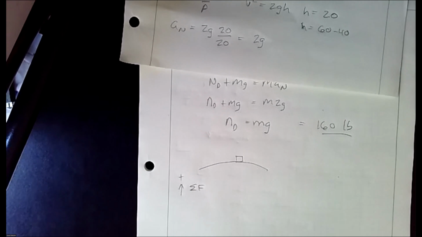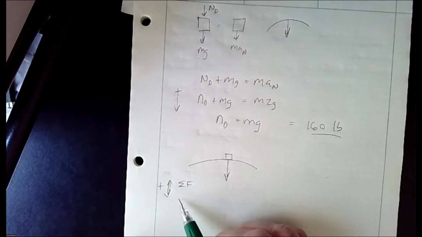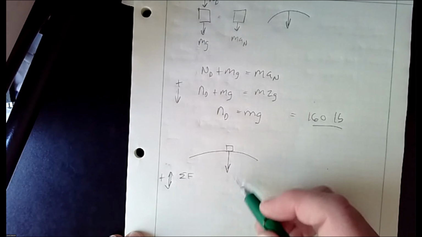In the past we said up was positive, but we're going to switch that. The reason is that if we make down positive, then our acceleration is going down, and that's actually what we did up here. It still works either way, but it makes it a little easier. So we made down positive in this case because the acceleration is down.